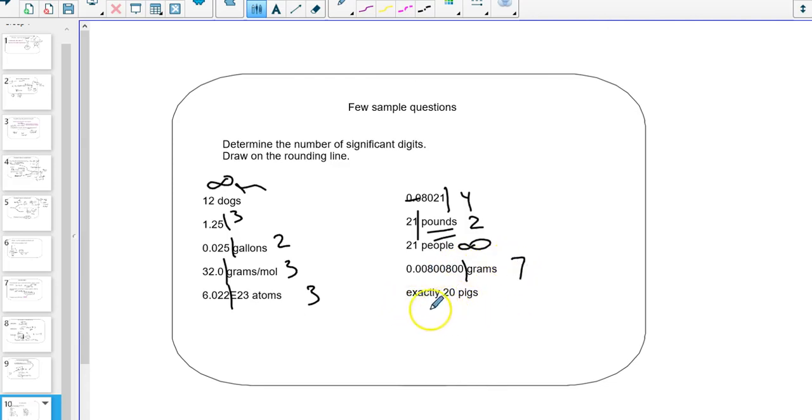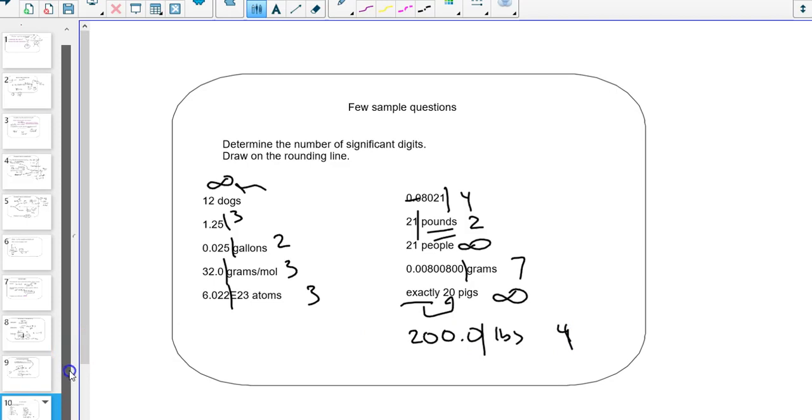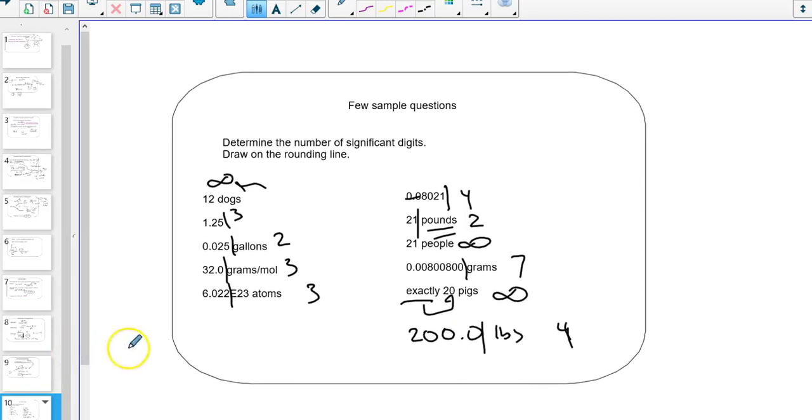Exactly 20 pigs. They're telling you it's exactly 20 pigs, so that's infinite. We'll try one more. 2,000.0 pounds. That guy would run up here, and that would be 4 sig figs. I believe that takes us to the end of our little sig fig journey as far as which numbers are significant. Thank you very much.